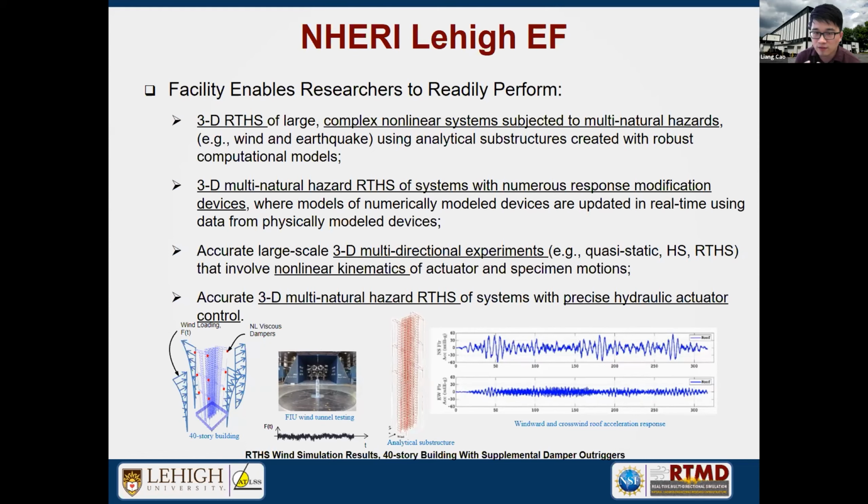For example, in some of the large dynamic tests, the control node of your test specimen, or the point where you try to impose your displacements, may not be the same as the actuators' motions, and then these things will involve a lot of nonlinear kinematics. So at Lehigh facilities, we're able to perform that type of test too. To do that, we also need precise hydraulic actuator control, which also compensates the amplitude and the hydraulic delay.